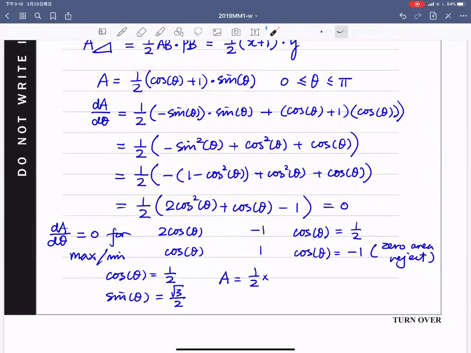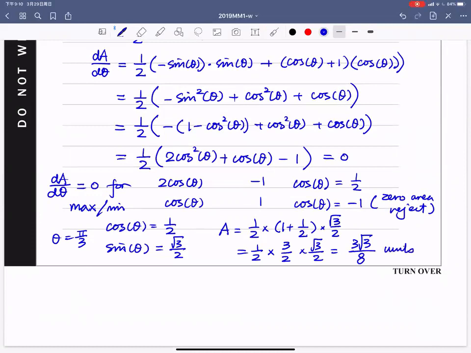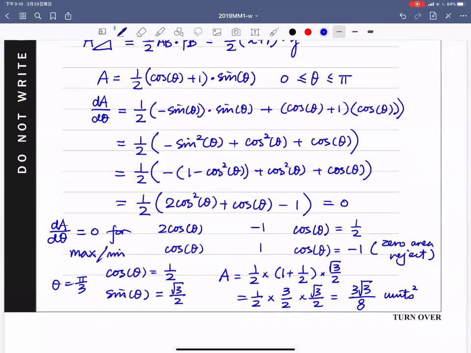I'm referring to that. 1 plus 1 half, 3 on 2 times the value of sine theta when theta equals pi on 3, okay? So half times 3 on 2 times √3 on 2 gives me 3√3 on 8. Okay?